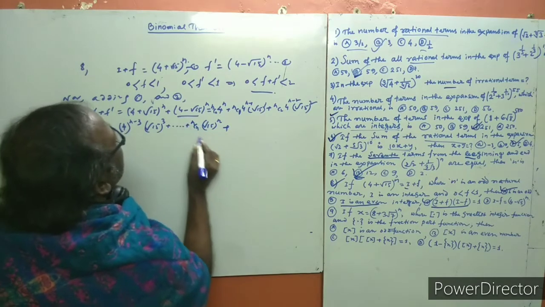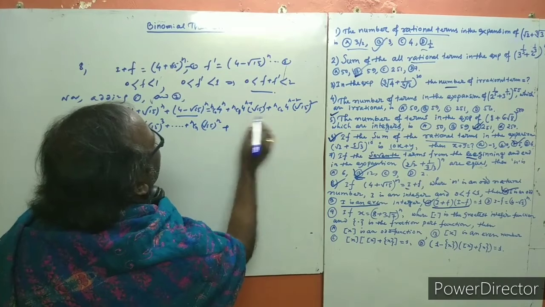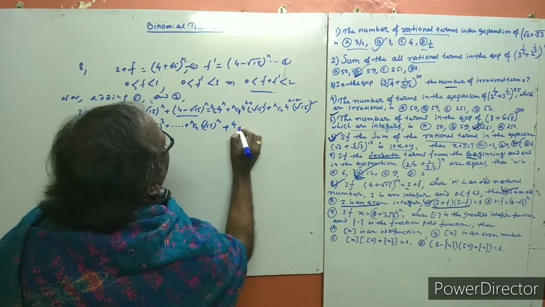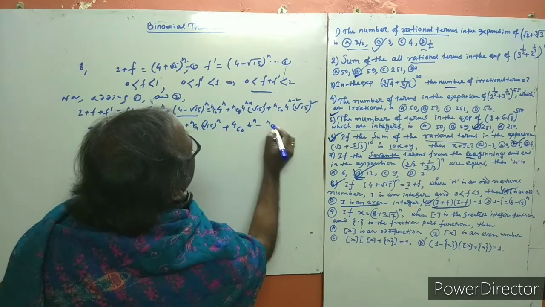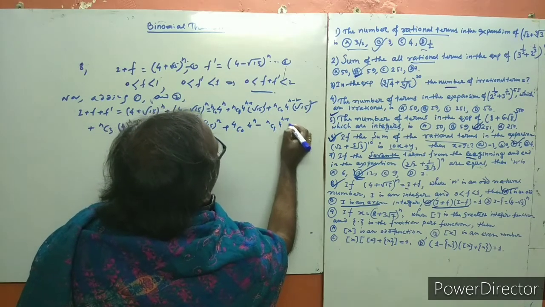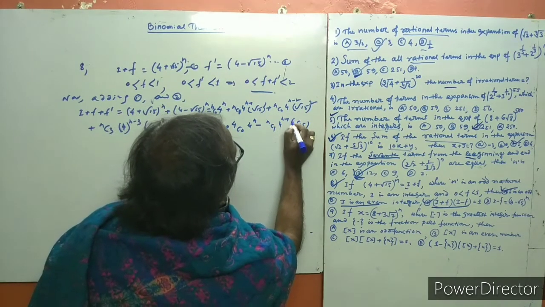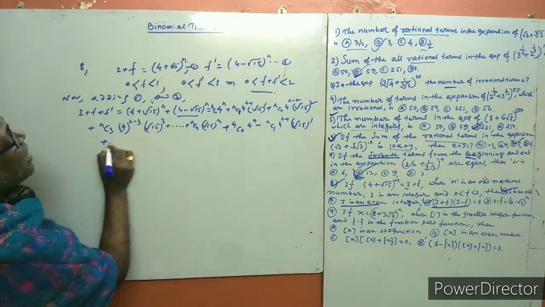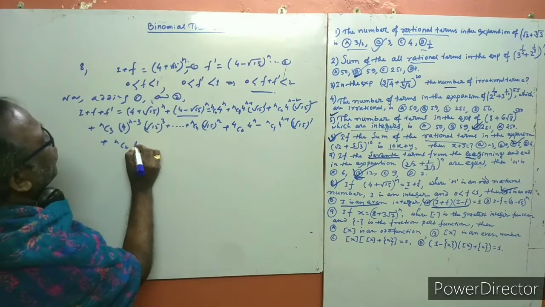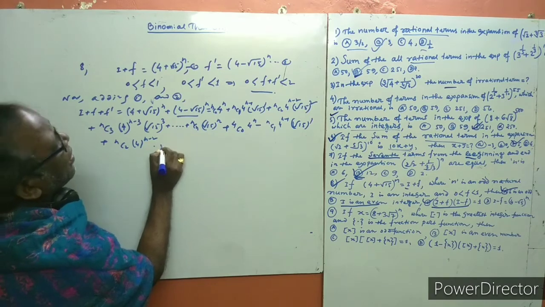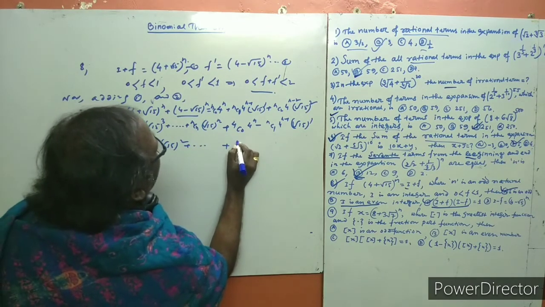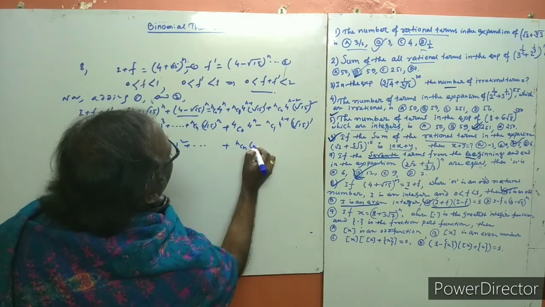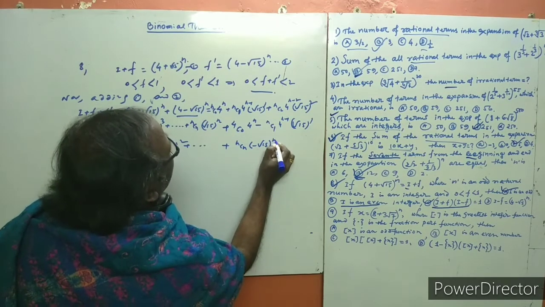And we expand also the minus series, the same expansion but the sign is alternate. nC1 is minus 4 to the power n minus 1 and root 15 to the power 1. Again nC2 4 to the power n minus 2 and root 15 to the power square, and this is nCn and minus root 15 to the power n.